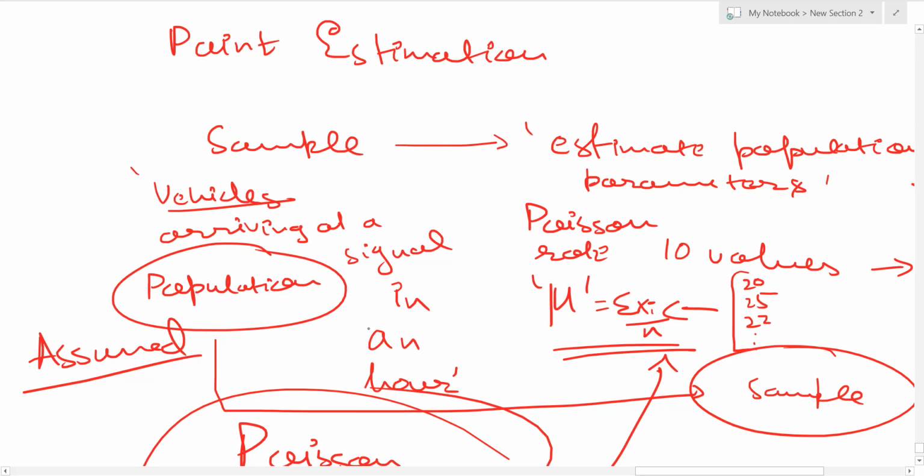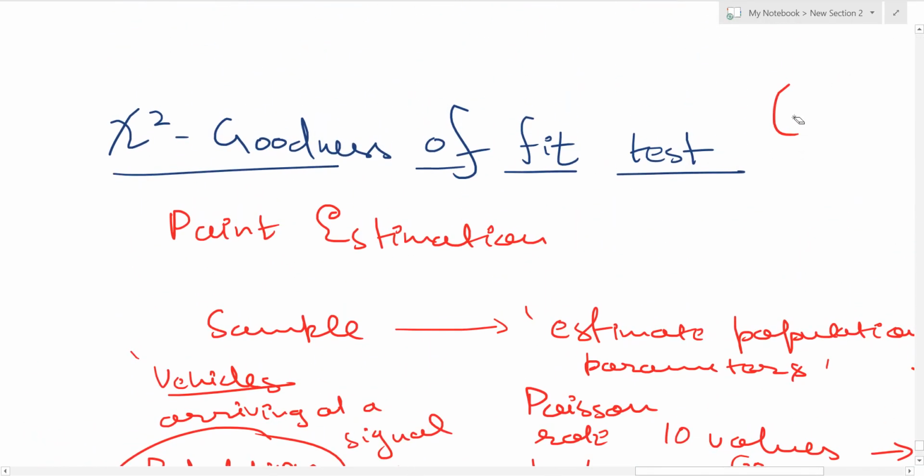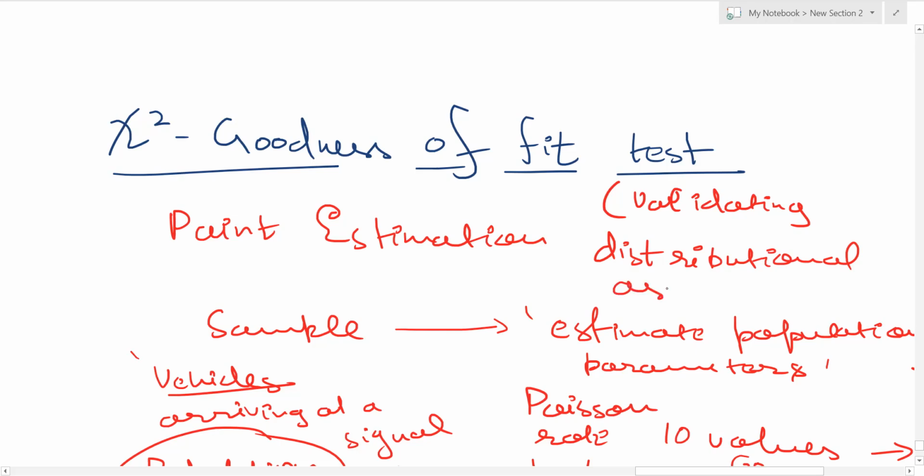You can have different sorts of data and different distributional assumptions that you initially took, and then you will be validating your distributional assumption using this test. So this is a test of validating distributional assumptions. That's your purpose here.